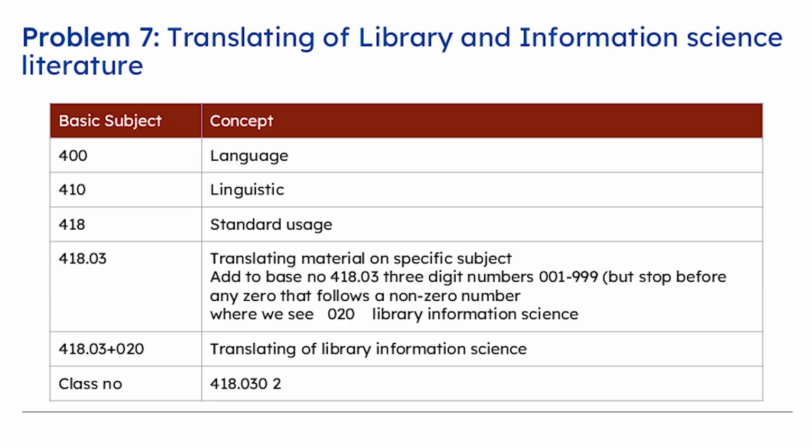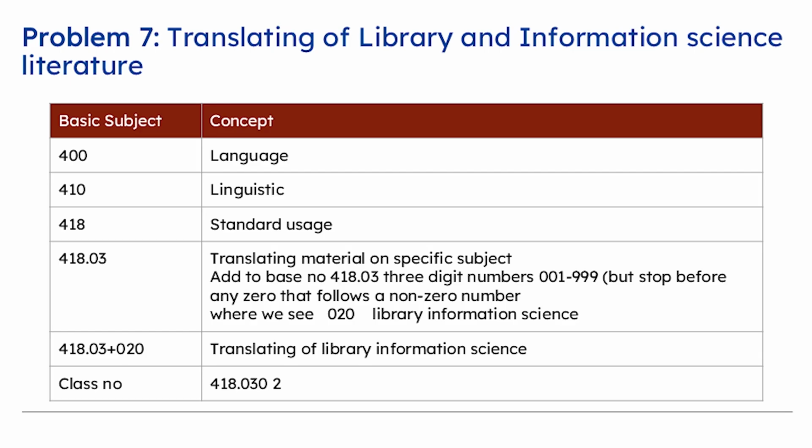Here there is an add note: add to base number 418.03 the 3-digit number 001 to 999 from the total schedule, but the subject is library science, that is needed. So we see 020 library science, so certainly we will add 418.03 plus 020. Ultimately the class number will form as 418.0302.